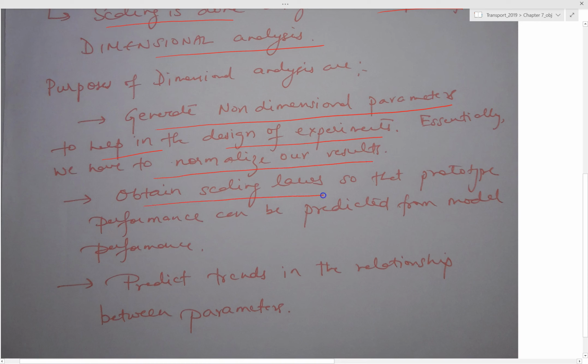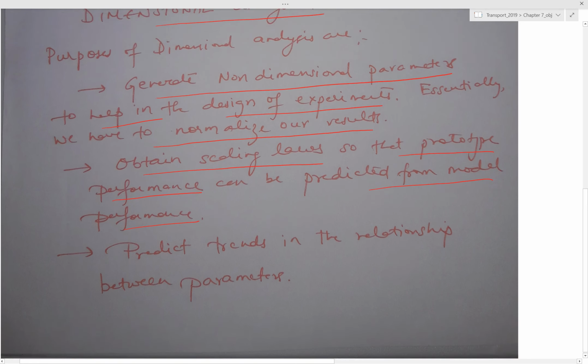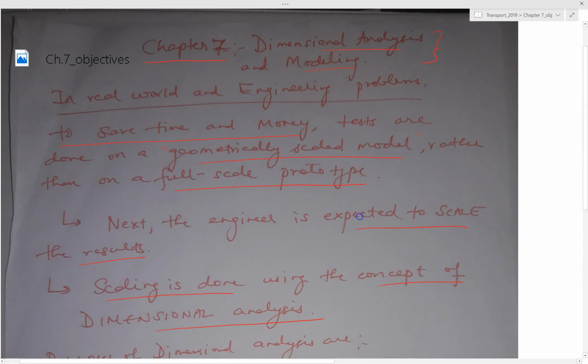Second, obtain scaling laws so that the prototype performance can be predicted from model performance. And most importantly, we have to predict trends in the relationship between the different parameters in the scaled expression. So that is the fundamental objective and usefulness of this chapter.